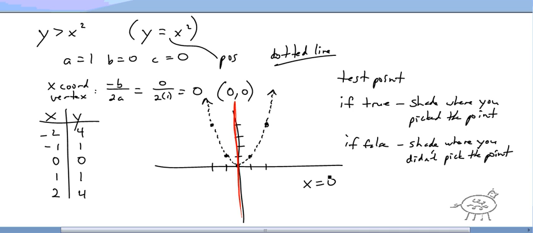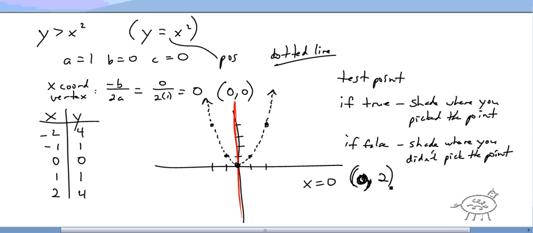So it's always going to be 0 comma something. Now (0, 0) is actually my personal favorite, because everything cancels out and you can see really easily what's going to happen. But in this case, I can't pick (0, 0) because it's right here on the line. That doesn't do us any good.